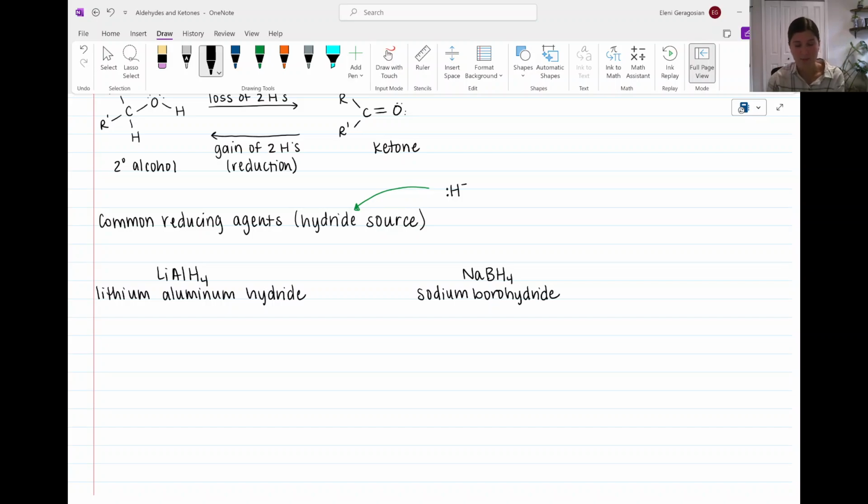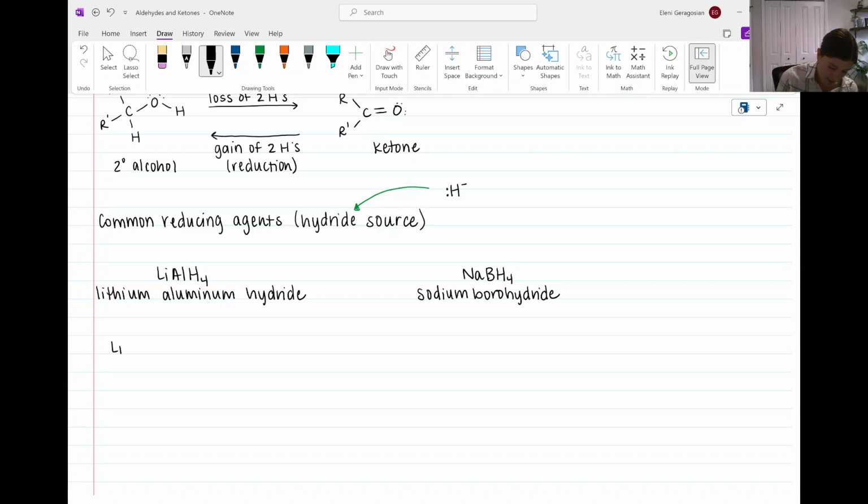You might notice that both of these have an element in the third column, aluminum or boron. It has 4 bonds, and then a counter ion, lithium or sodium, which has a +1 charge. So the structures are similar, but we'll start with lithium aluminum hydride.